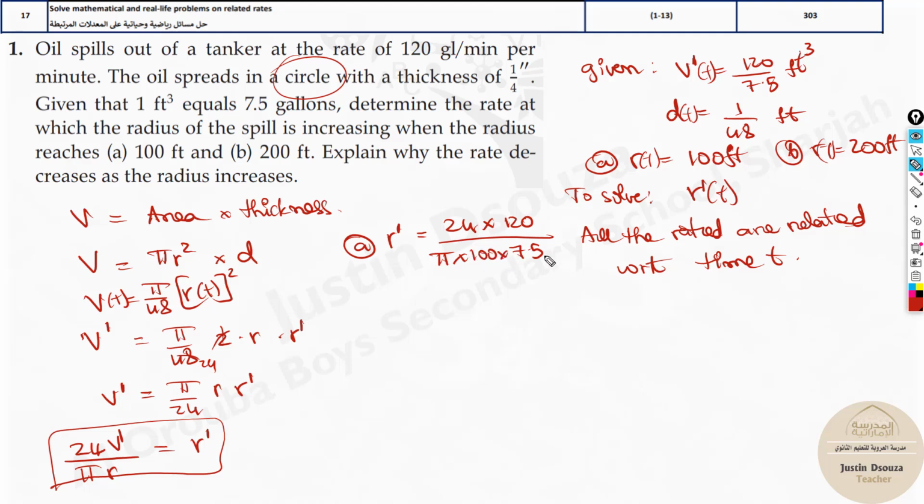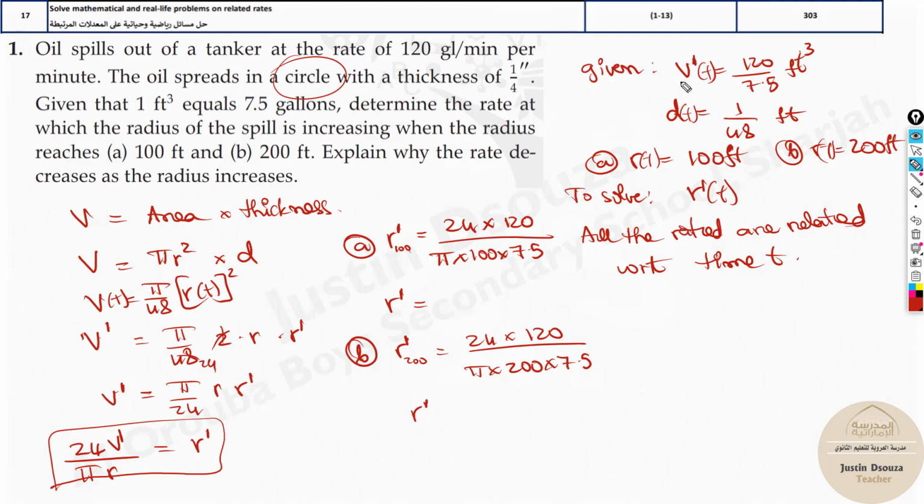So this is it. Now r dash you can get by putting it in the calculator, but before that, I'll write the second one also. R dash over here is for 100, this is for 200. It's going to be the same thing, 24 into 120 by pi, but the radius here will be 200 instead of 100. Let's solve r dash as well.